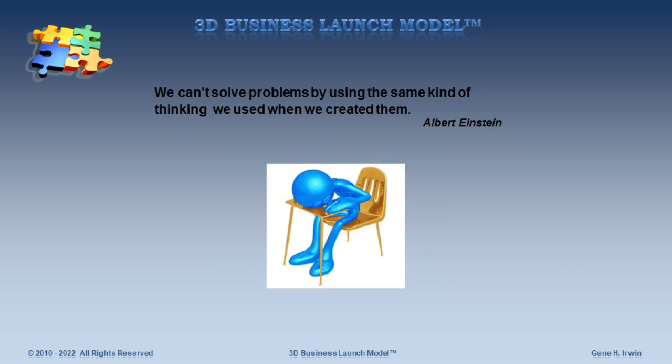Now, the man that I admire by the name of Albert Einstein says, we can't solve problems by using the same kind of thinking we used when we created them. Isn't that true? I've always wondered about political parties. They say we've got the very best minds working on this problem as we just got into office 3 months ago. But wait a minute.